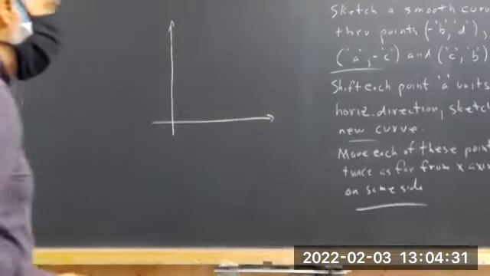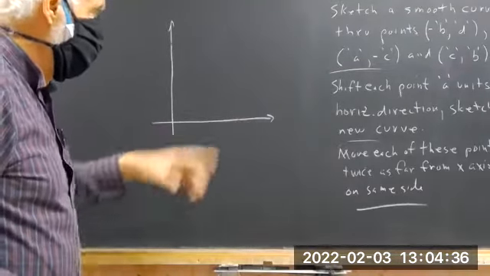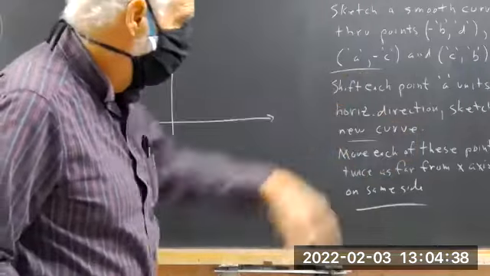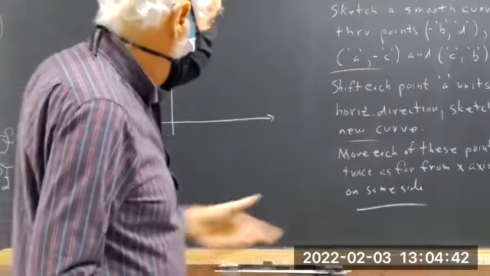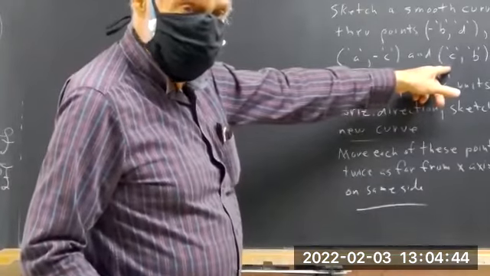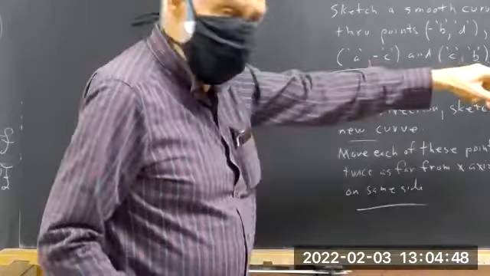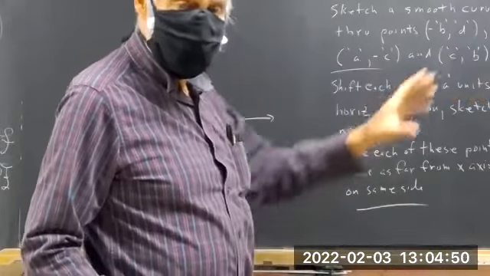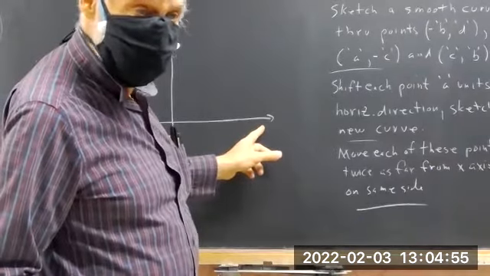Okay, so the biggest number I need on the x-axis right now, before I can shift things a units in the horizontal direction, is going to be c. But I'm going to need then to shift that a units in this direction. So whatever c plus a is, I should have it on the graph. Okay.